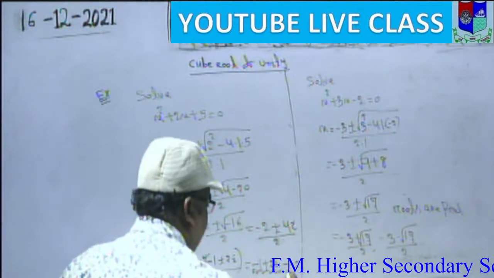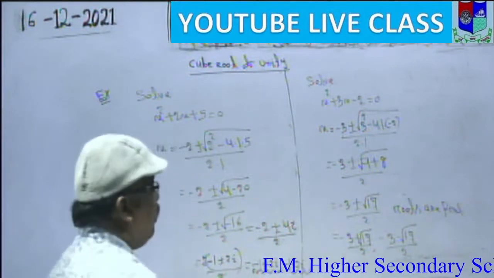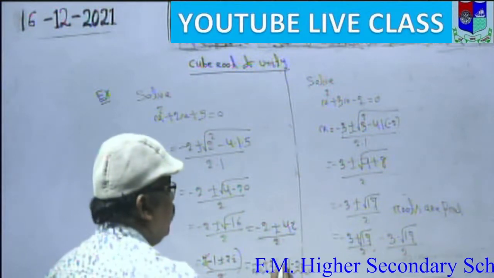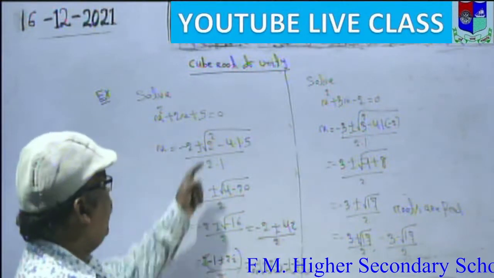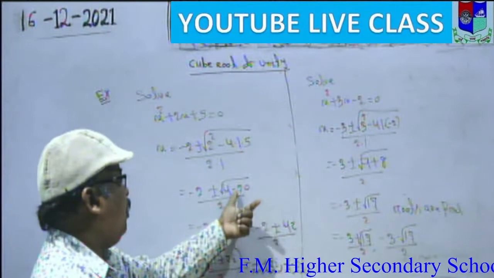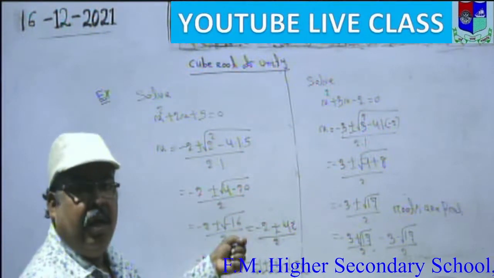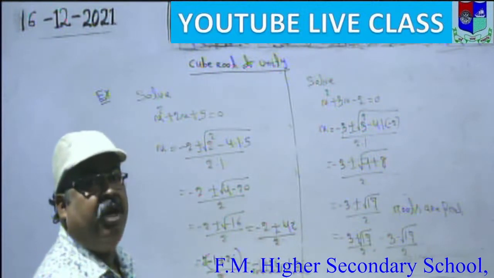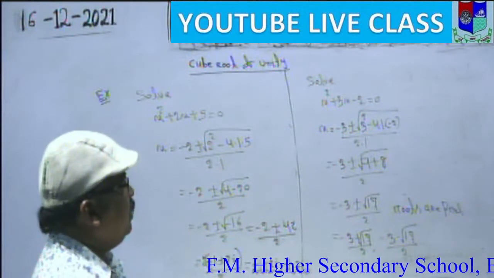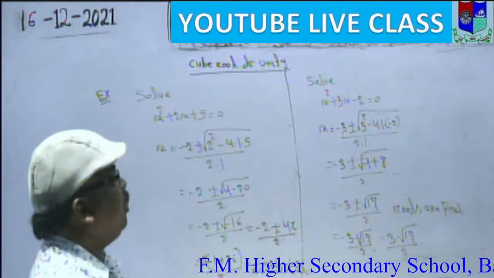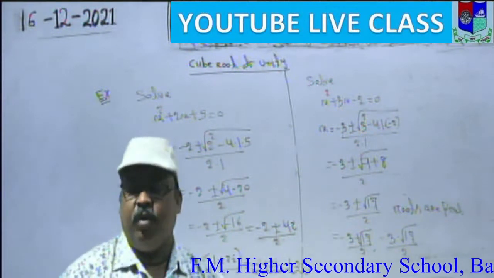So these two are imaginary roots, because we know here D is negative. We know when D is negative, the roots are imaginary and unequal. So this is all about solution of quadratic equation.